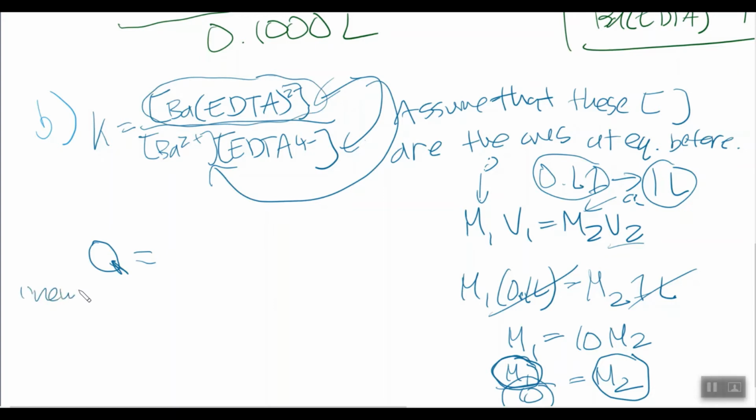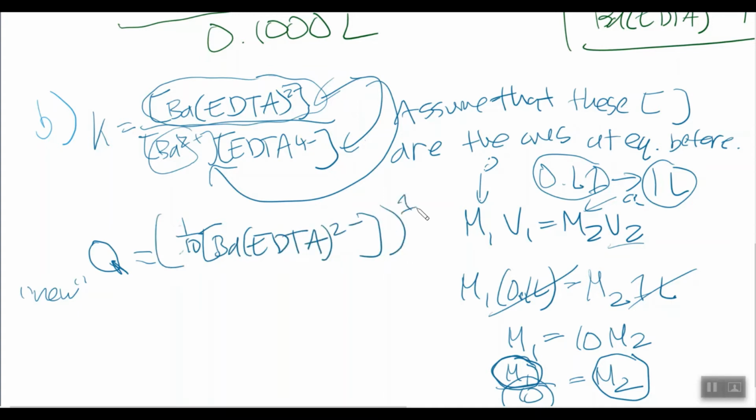So this is the new condition. The new conditions involve 1/10 of the original concentration of the ions. So let me try to write this in a proper notation that will make a lot more sense. Let's not put brackets there, and let's instead just put 1/10 times the concentration of the BaEDTA 2 minus, and this is all taken to the first power because the coefficient is 1.